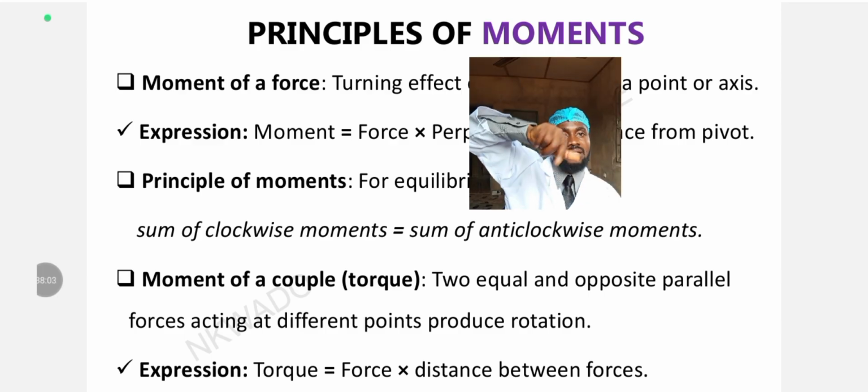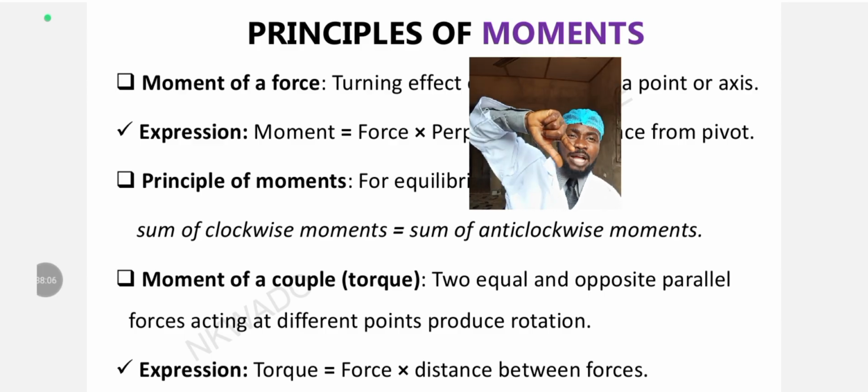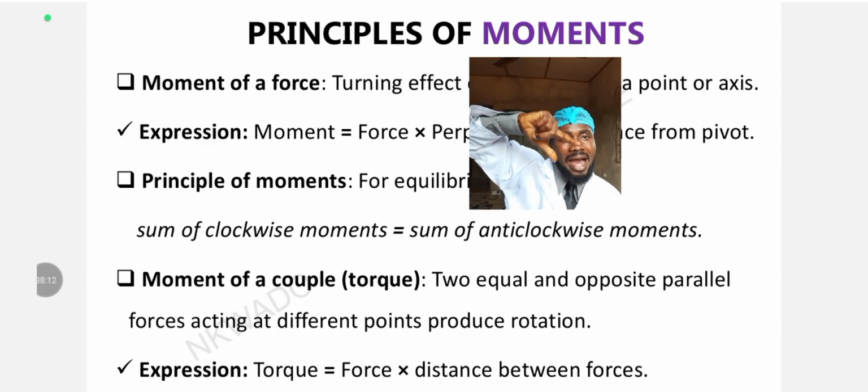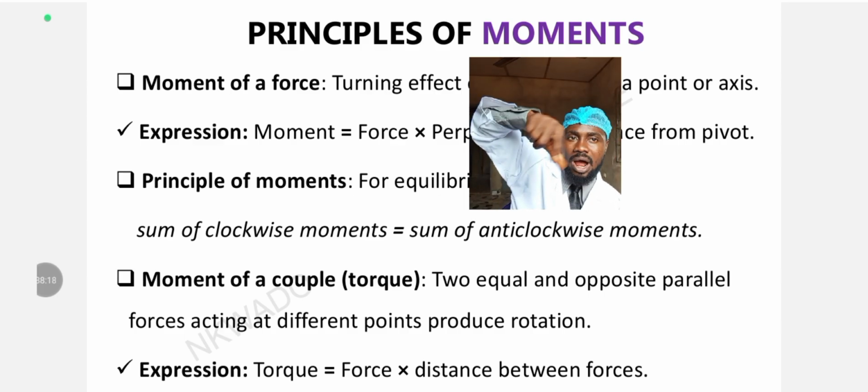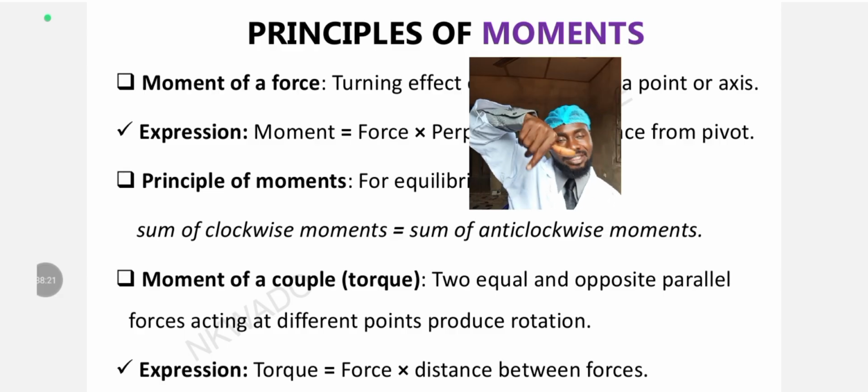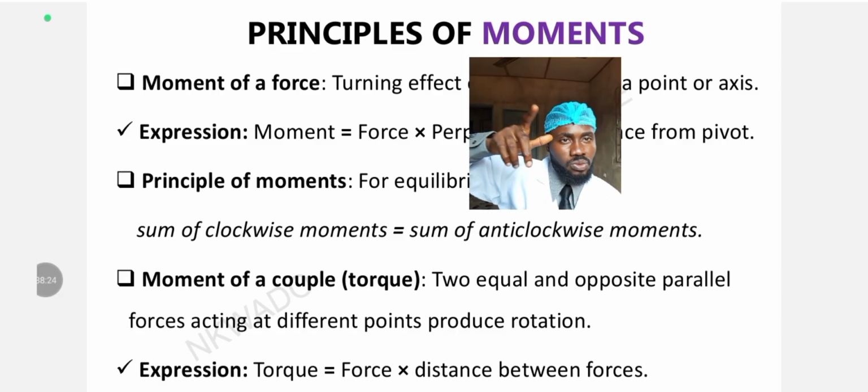When you turn it counterclockwise, it's going to open up. So while you are turning it, the force on your index finger and the force on your thumb are equal and opposite. Those two equal and opposite forces you are using to turn the head of that tap are called a couple, okay?